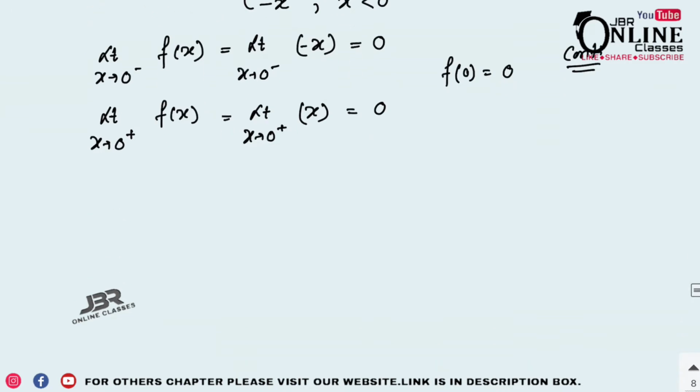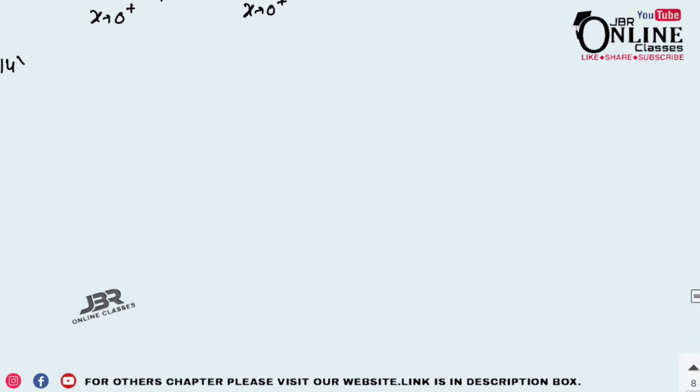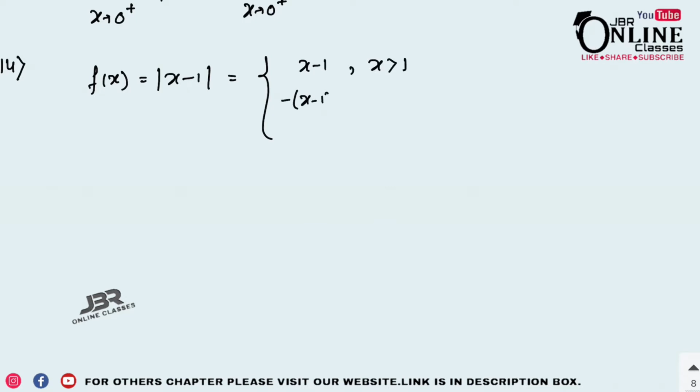Clear? Now for the 14, here f(x) equals mod x minus 1. So that means the first one is x minus 1 when x is greater than 1, then minus (x minus 1) when x is less than 1, and 0 when x equals 1. Now for the left limit, sorry, it's 1 minus, not 0 minus, it's 1 minus f(x).